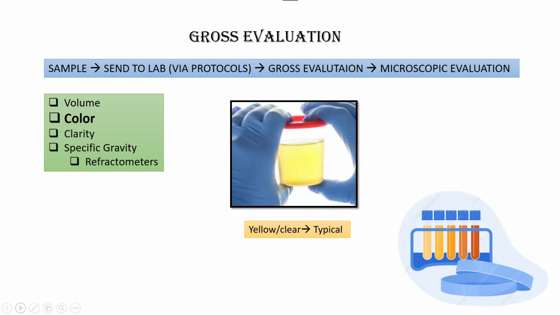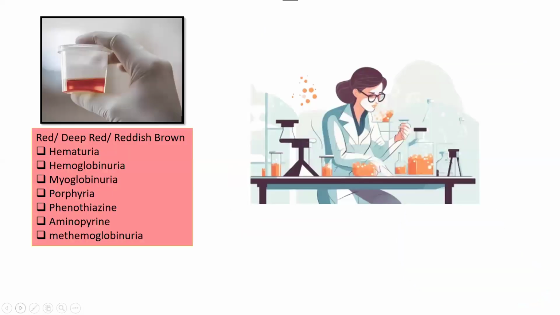While discussing color, you should know that yellow or clear urine is the typical urine. That means it is the normal color of the urine, and you can see the color in this picture. Next we have red, deep red or reddish brown urine color. What does this color indicate?